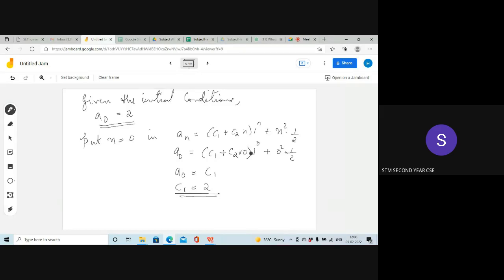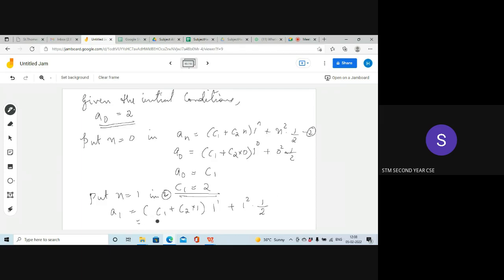Is it clear? Now put n is equal to 1 in this equation, let it be equation 2. We get a1 is equal to c1 plus c2 into 1 into 1 raised to 1 plus 1 square into 1 by 2.